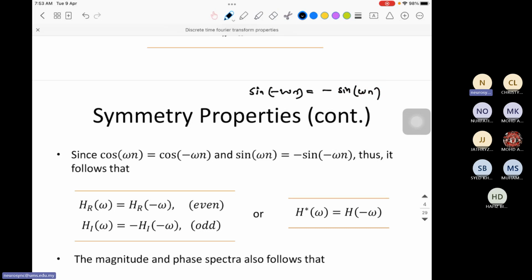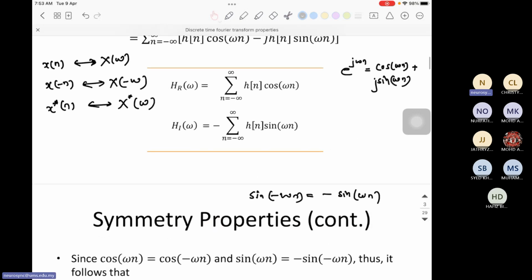Now we can split this h of omega into even and odd parts. We can separate the even part of h of omega and the odd part of h of omega. Now in the real part H R of omega, we have the cos function here.